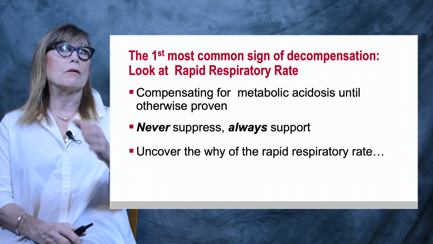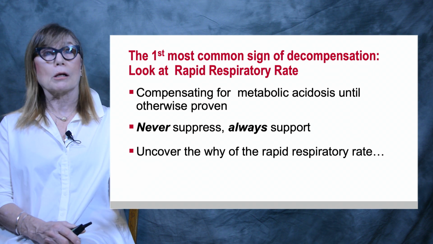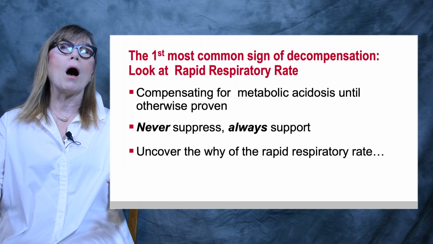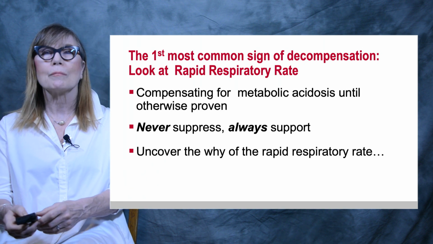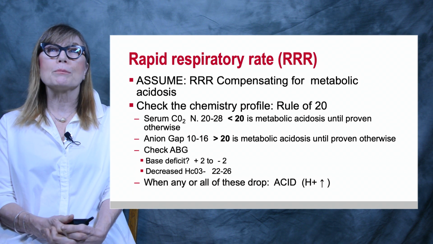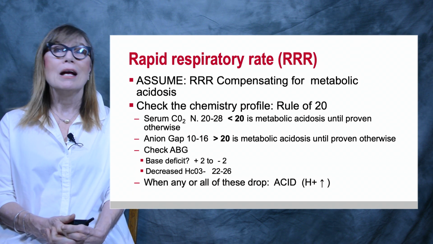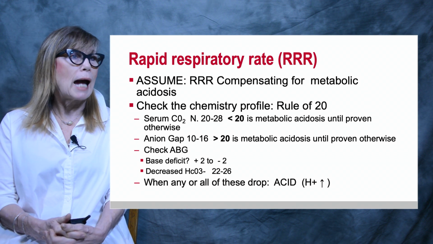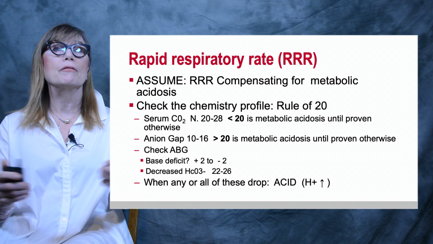And throughout our series, we're going to talk about all of the components of evaluating an appropriate respiratory rate and the whys and wherefores. So remember, the rapid respiratory rate, RRR, is assumed to be compensatory for metabolic acidosis until proven otherwise.